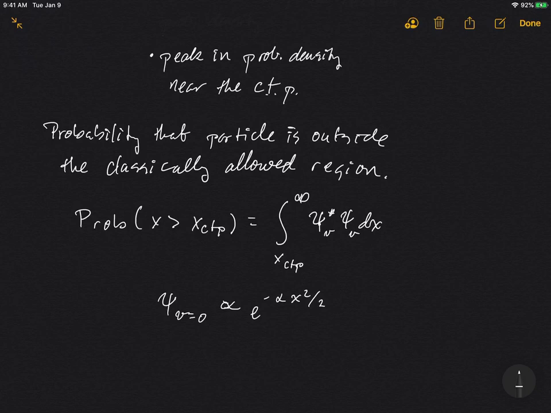And of course, what do we know about exponentials? They have exponential tails. They fall off in a way reminiscent of radioactive decay, right? Where radioactive decay is not linear.